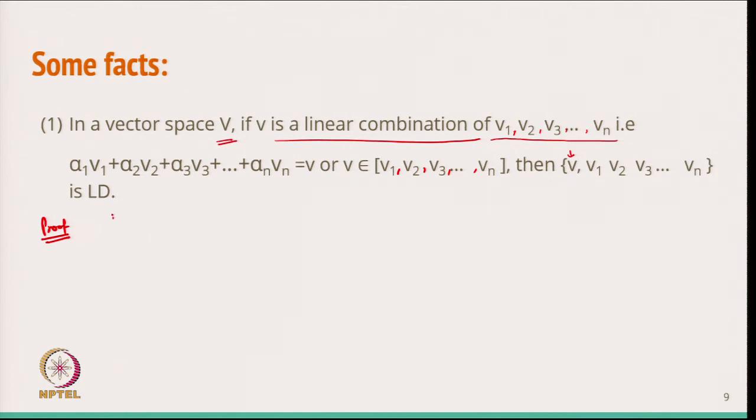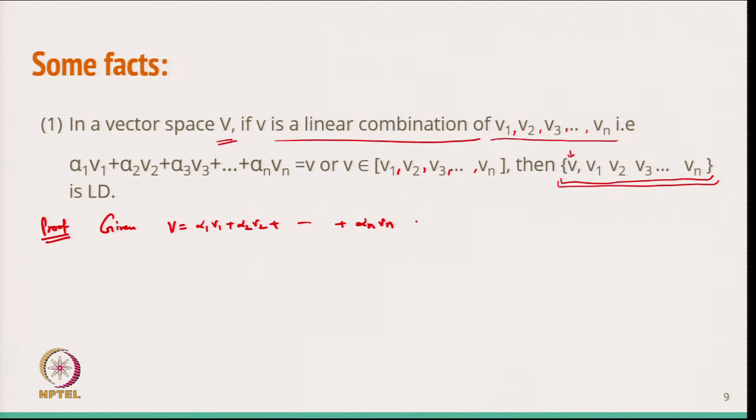Now, given that V is a linear combination alpha 1 V1, alpha 2 V2, up to alpha n Vn, it means V can be written as a linear combination of these vectors. Now I want to check what happens for this set.